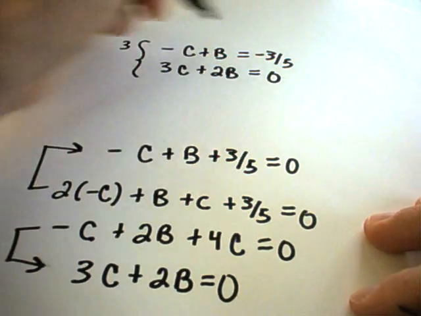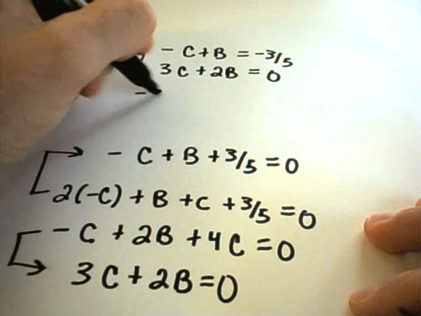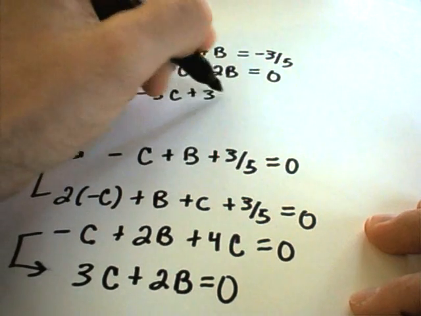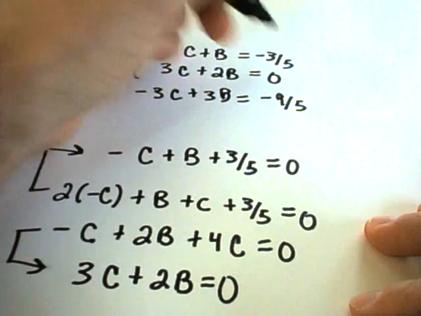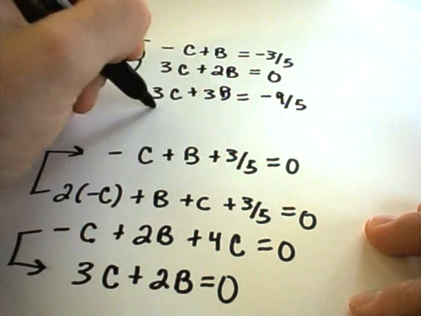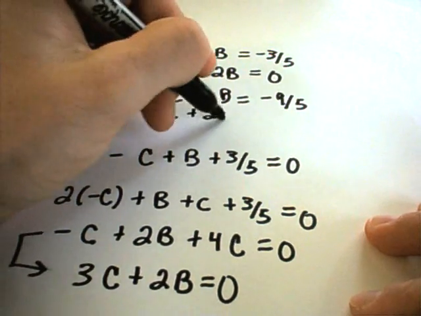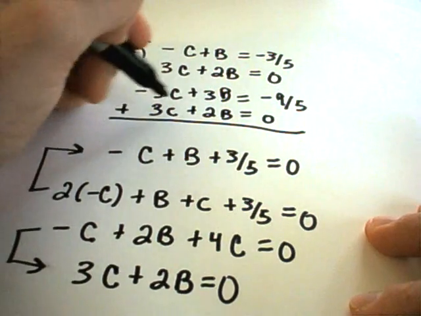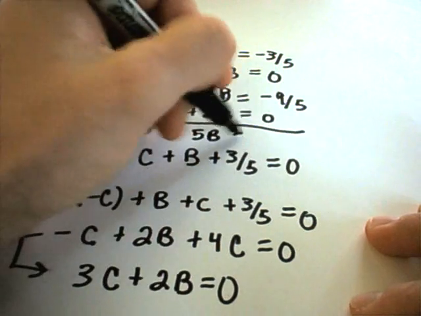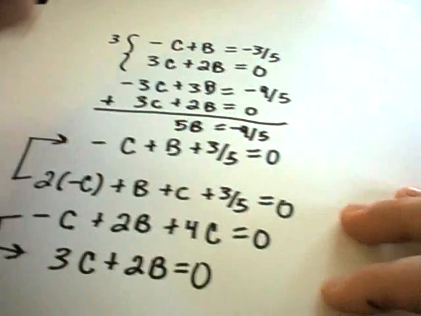So if I multiply the first equation by 3, I'll get -3c plus 3b equals -9/5 when I multiply the right side by 3. I'll have 3c plus 2b equals 0. And when I add these together, I'll have 5b equals -9/5.